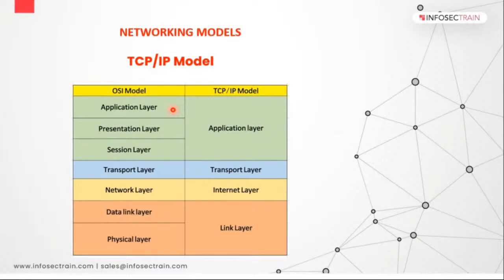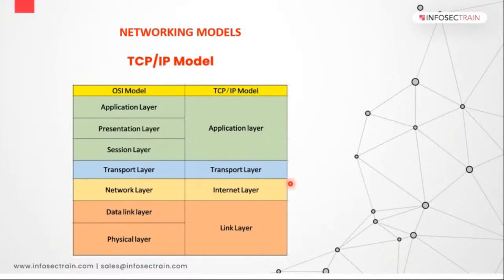In the OSI model, what I have is your application layer, presentation layer, session layer, transport layer, network layer, data link layer and physical layer. Now, if you see in the TCP/IP model, I have the application layer, transport layer, internet layer, and link layer. So it does not mean that the presentation layer, session layer are not working over there. Data link layer is not working over there, right?